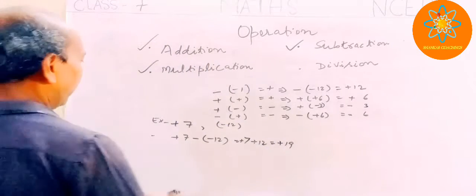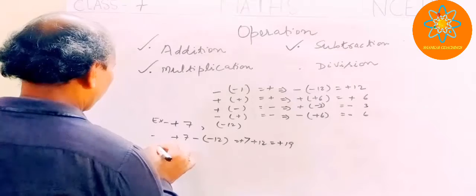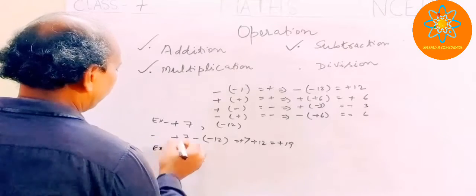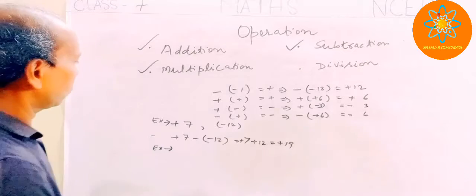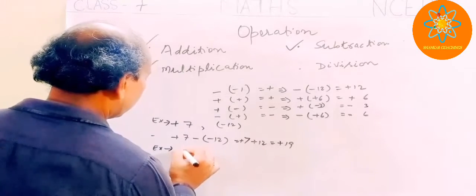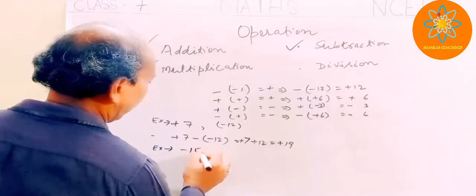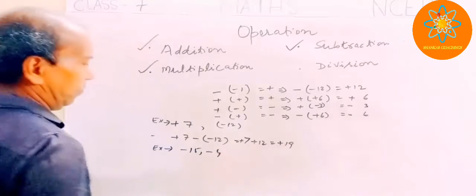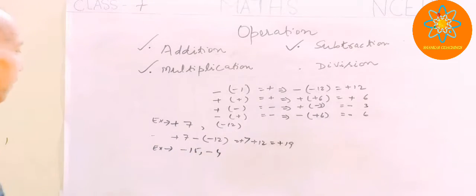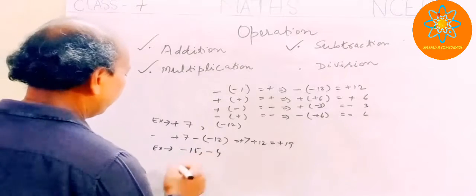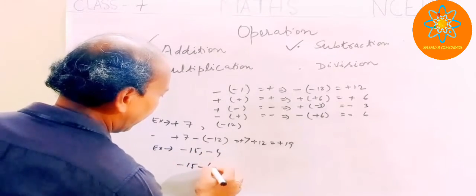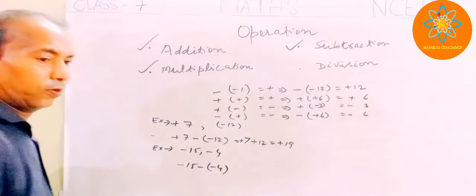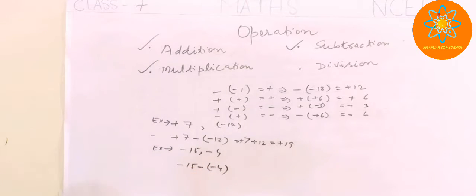One more question I am taking. Let's suppose you want to subtract minus 15 and minus 4. So how do I subtract this one? For subtracting minus 15 minus minus 4, negative and negative is how much?